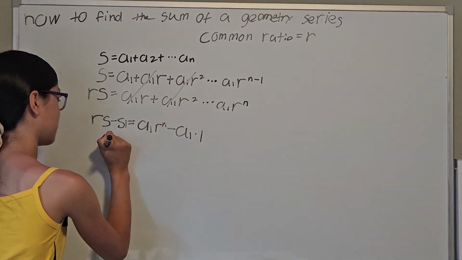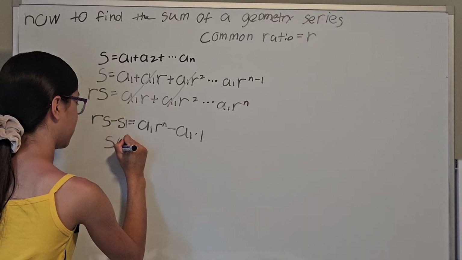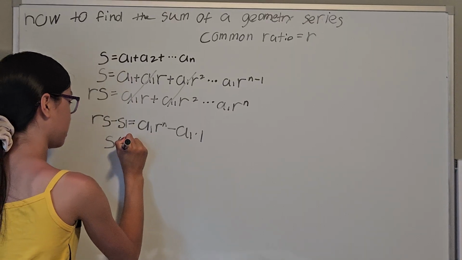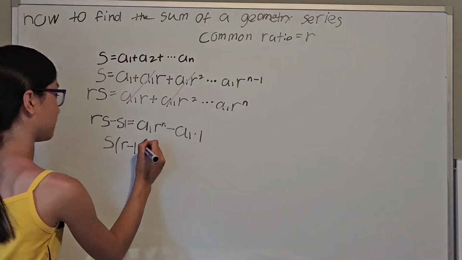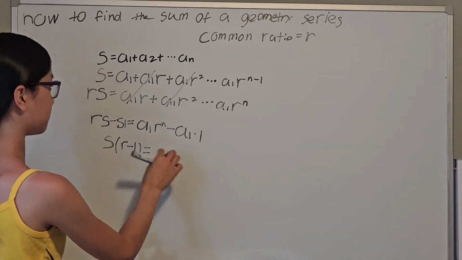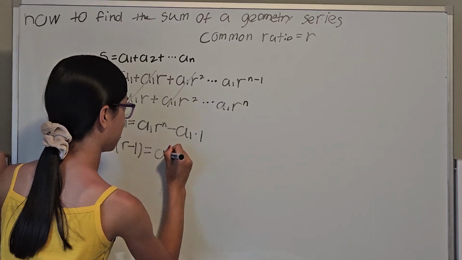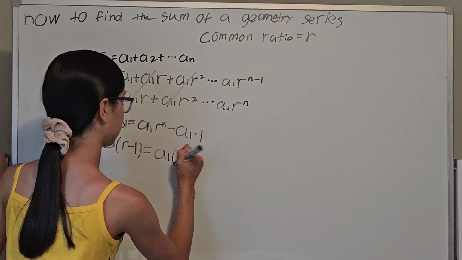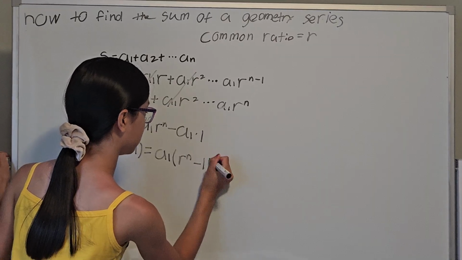So S bracket R minus 1, because it's 1 over there. And then it equals, we factor out the A1 from the other side, which is A1 bracket R to the n minus 1.